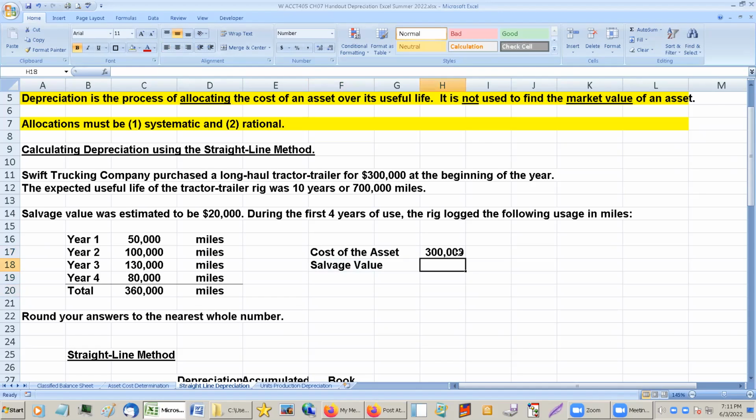So the salvage value is 20,000. So notice it's going to go from 300,000 down to 20,000. Let's subtract that. It's going to decrease in value by 280,000. So this is what they call the depreciable amount.